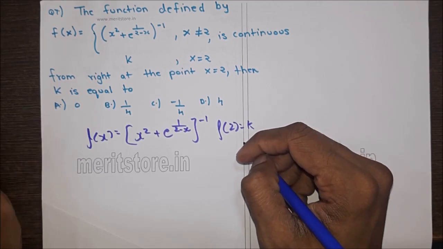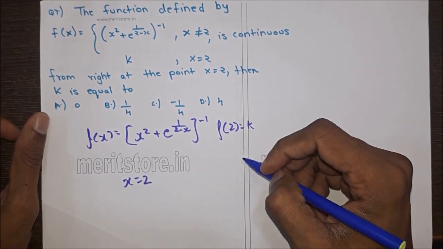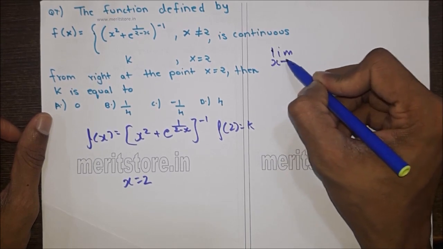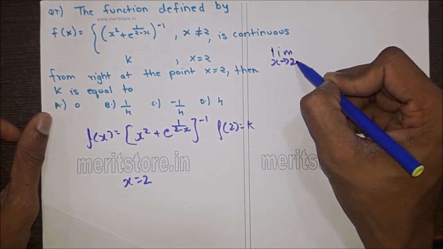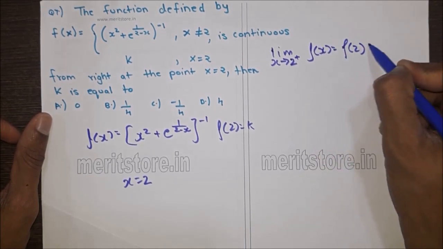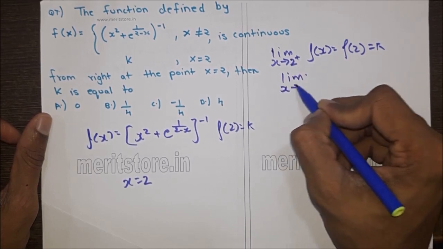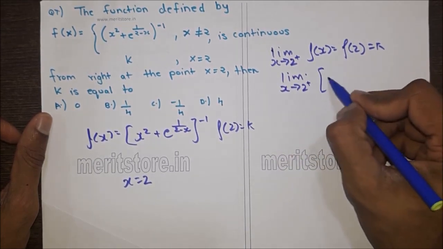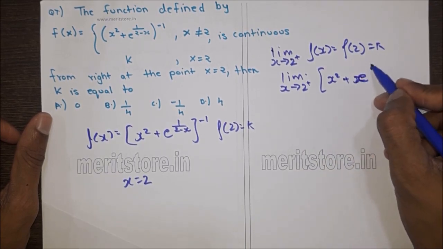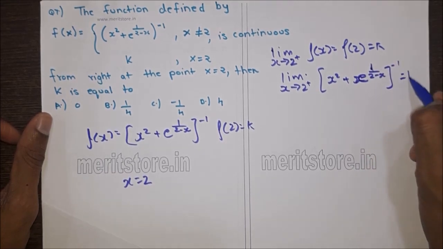If f(x) is continuous from the right at x = 2, then the limit as x approaches 2 from the right of f(x) is equal to f(2) equal to k. Therefore, the limit as x approaches 2 from the right of x² + (e^(1/(2-x)) - 1)^(-1) equals k.